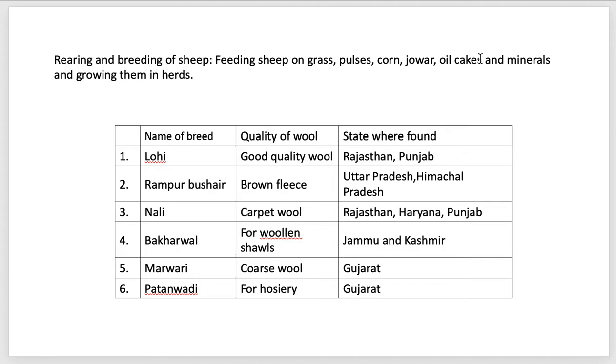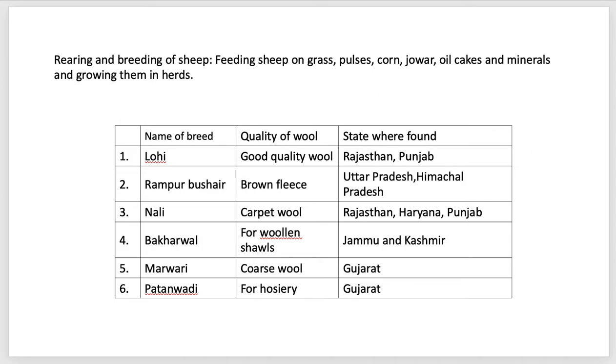That is the oil in them. So once you remove all the oil from the oil seeds, what is left behind is called oil cake. So sheep are fed on grass, pulses, corn, jowar, oil cakes, minerals, and they're grown in herds. So that is called rearing and breeding of sheep.